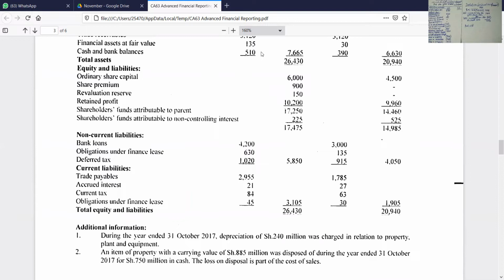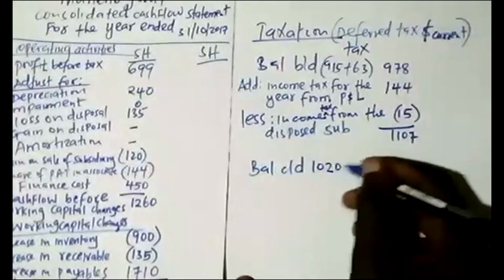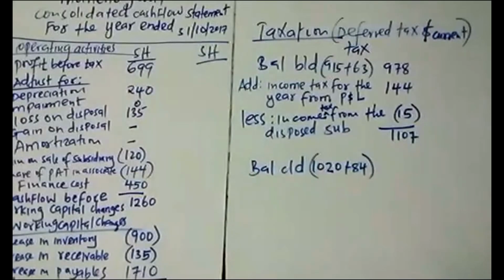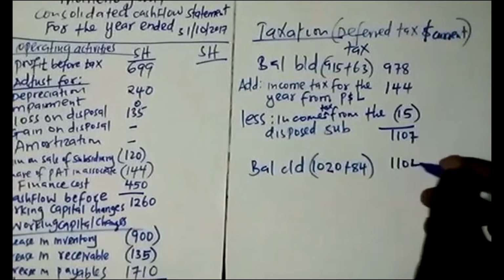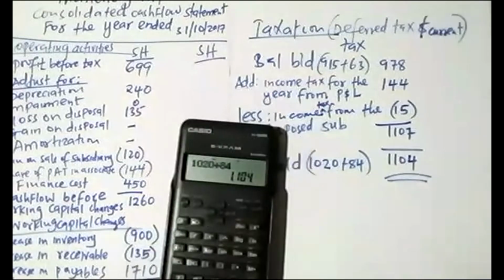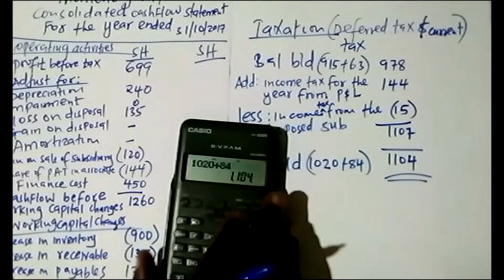So 1020 plus 84, you can see we have 1104. So these figures are coming from this calculator.